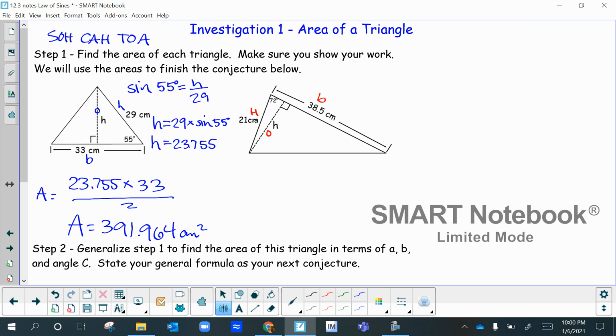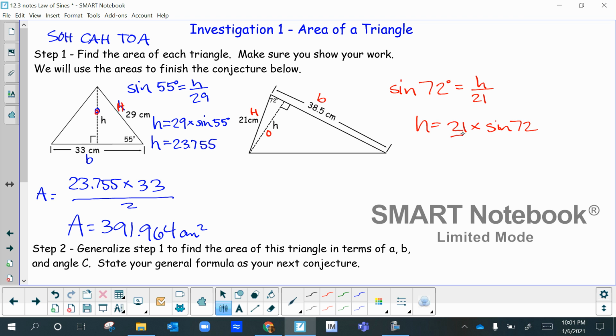What do you know? That's the same thing that we had over here. This one was opposite, and this is the hypotenuse. So notice, again, what's repetitive? We're using the sine function again. So we're going to say sine of 72 degrees equals opposite over hypotenuse. To solve for that, we're going to multiply 21 times sine of 72.